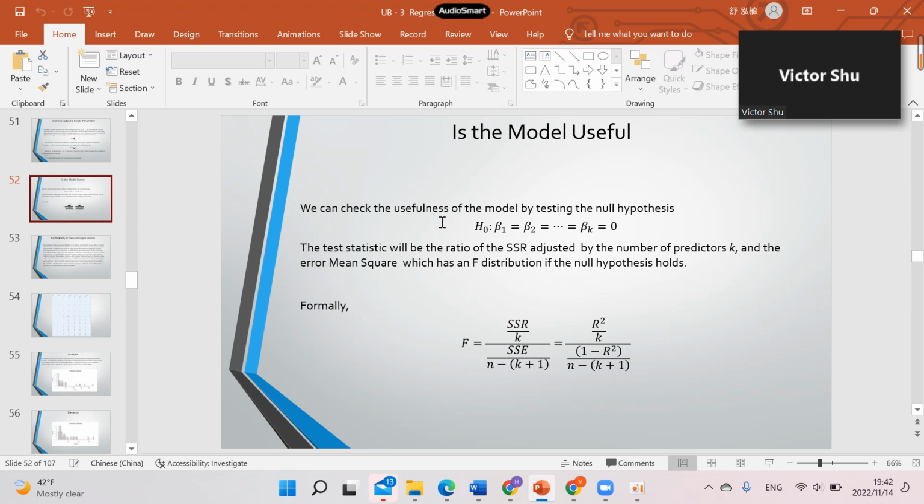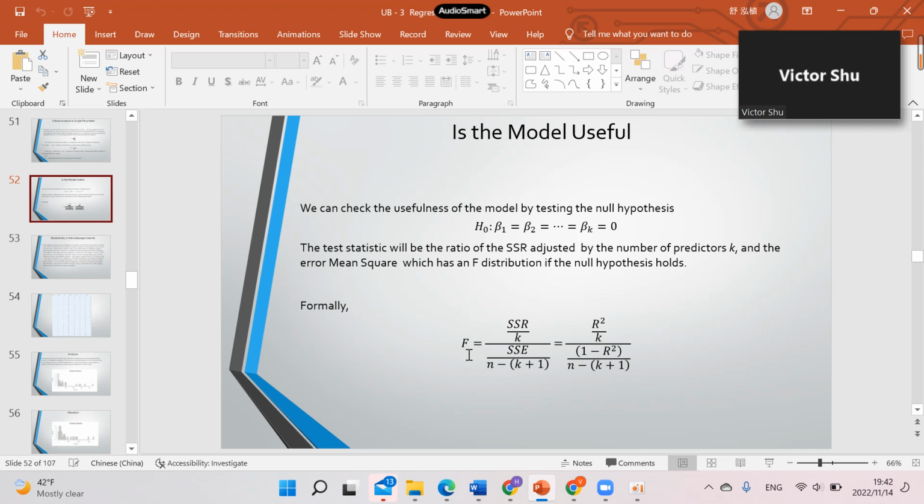In my example, none of my predictors is helpful to predict the win percentage of the NBA team. So that's my null hypothesis.